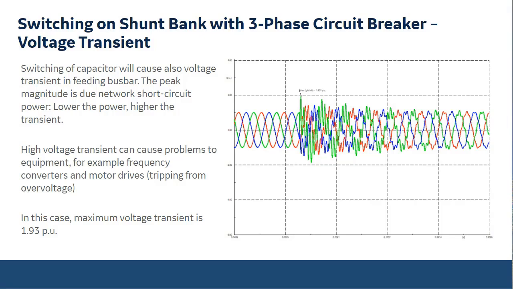Many power electronics don't like this kind of thing. In this case, the maximum transient voltage is 1.93 pu. That is quite a high value. If you have something like this, it's very likely to have problems with the power electronics in your network. So you have to do something about this voltage transient.